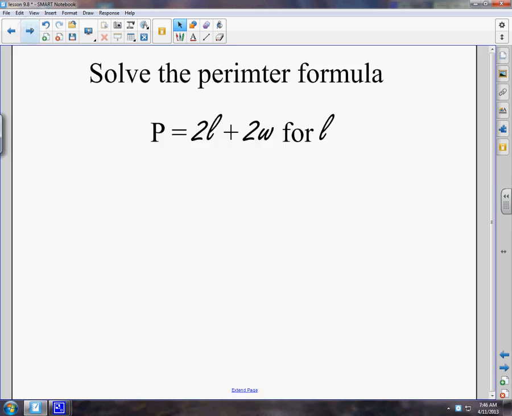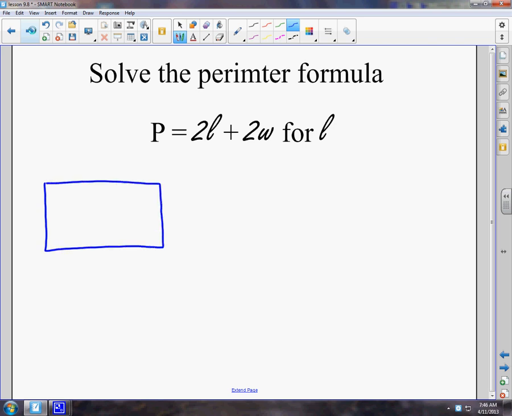Okay, so here is an equation. Perimeter equals twice the length plus twice the width. So if I have my bedroom, let's say, and it's 10 by 12, and I want to paint the walls, that would be the perimeter. So I'm going to add up all my walls: twice the length, so 2 10s, and twice the width.